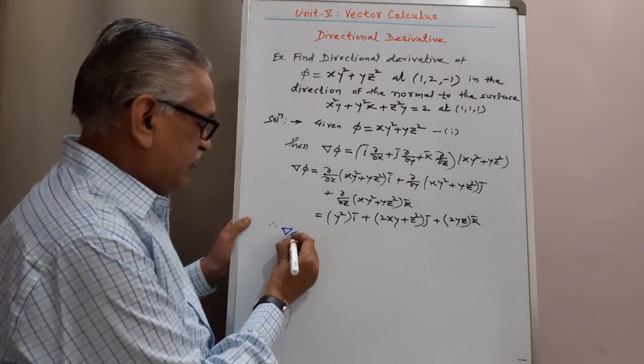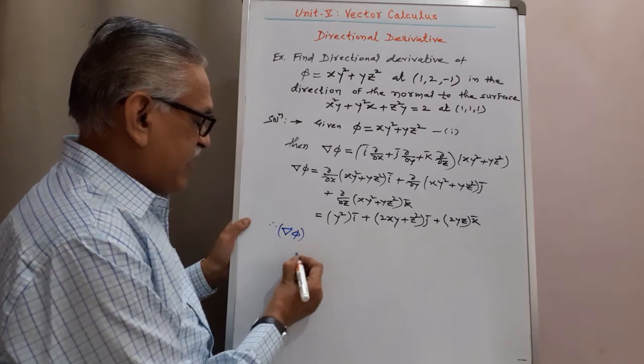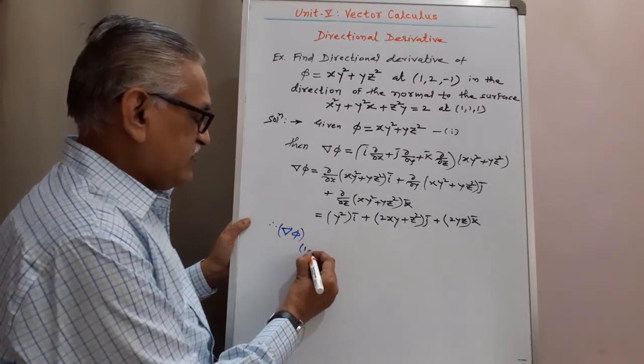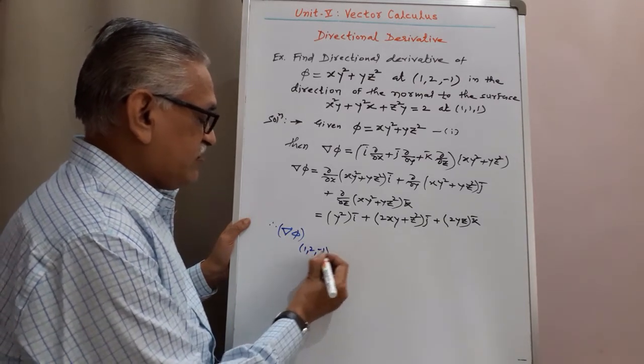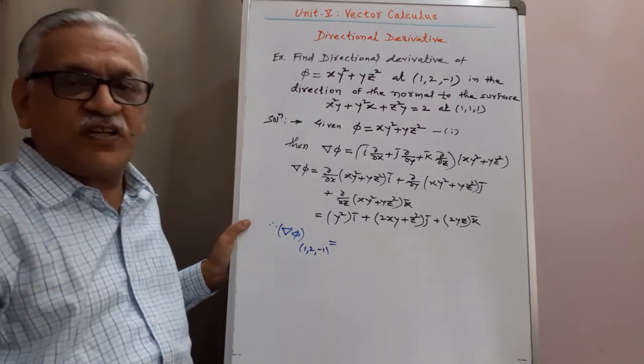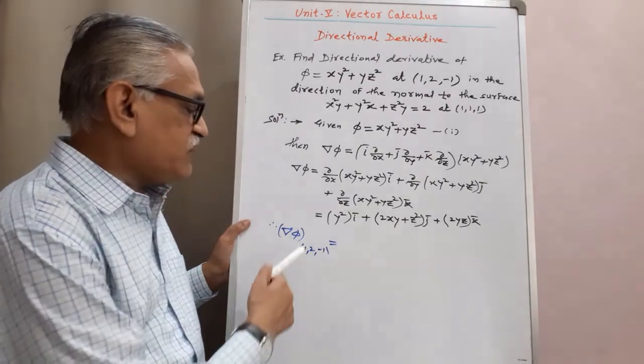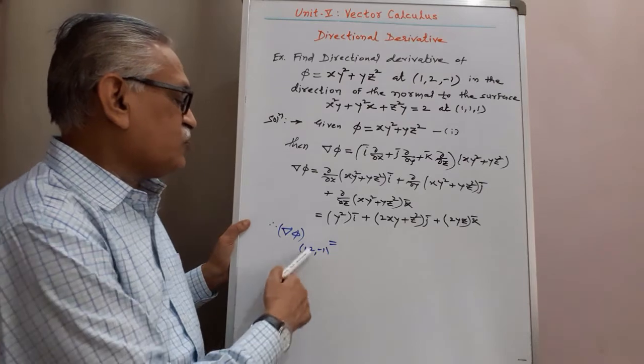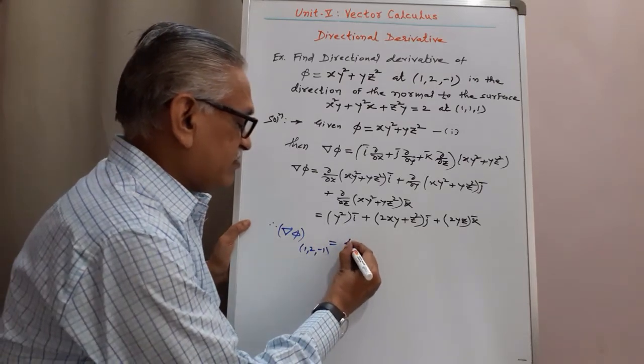Therefore grad phi at the point (1, 2, -1) means substituting x equal to 1, y equal to 2, and z equal to -1 in this result. 2 square, we get 4i.